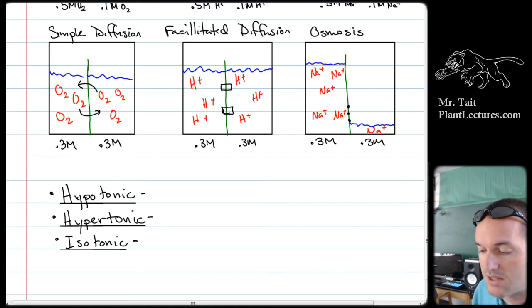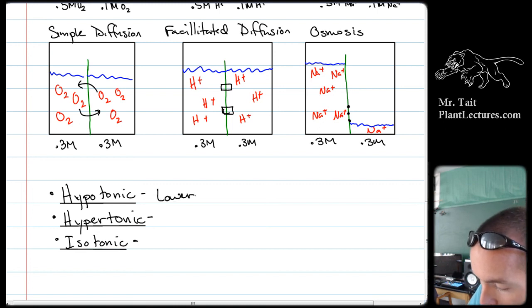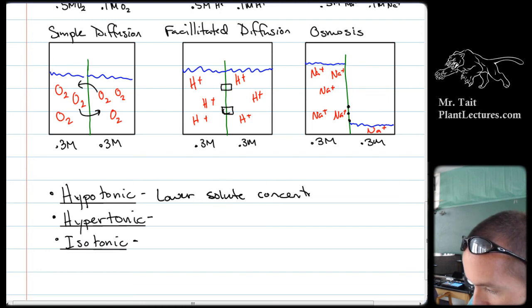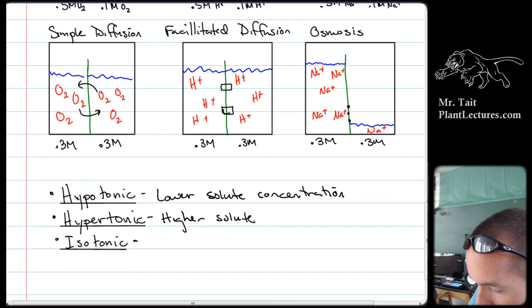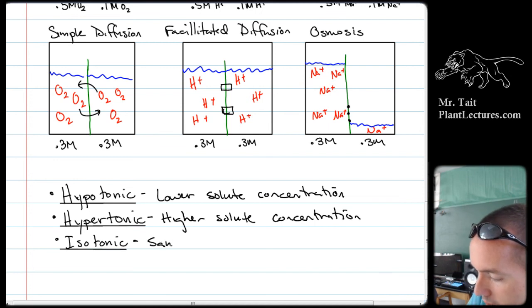Hypo means below, so that means that something that is hypotonic has a lower solute concentration. Something that is hyper has a higher solute concentration. And something that's iso has the same solute concentration.